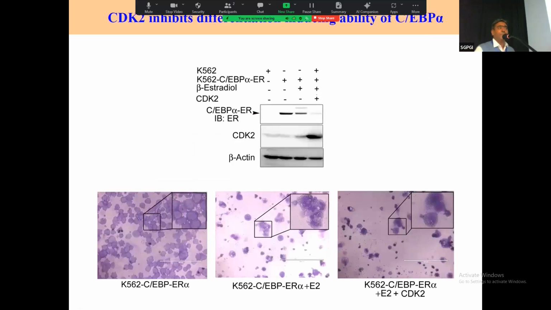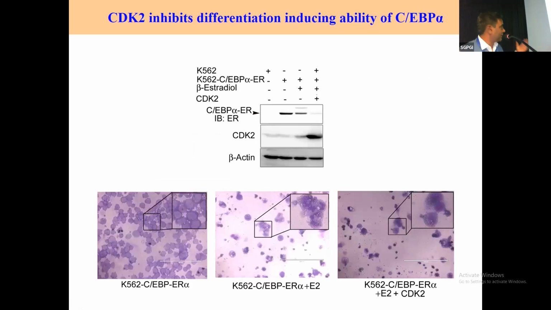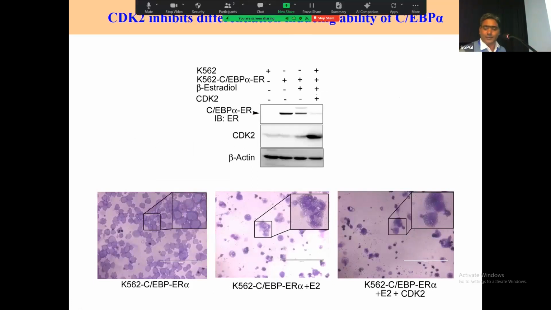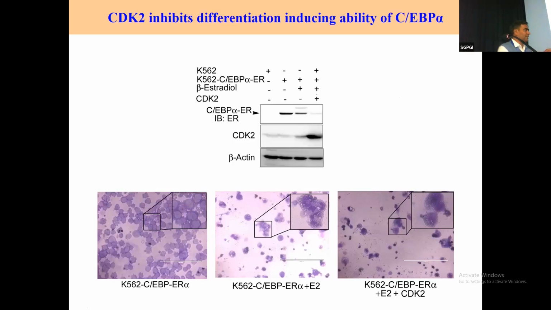Now, if CBP alpha expression is getting affected, does it also affect its function? To address that, we again went back to the in vitro system where we had used this K562 ER alpha inducible cell line. This is a cell line where CBP alpha is tagged with the ligand binding domain of ER alpha, and this can be induced with estradiol.